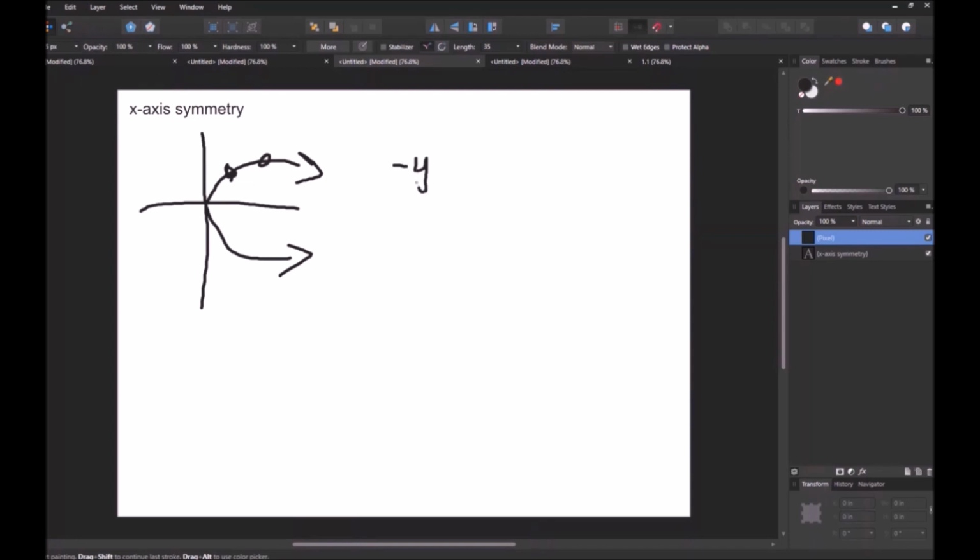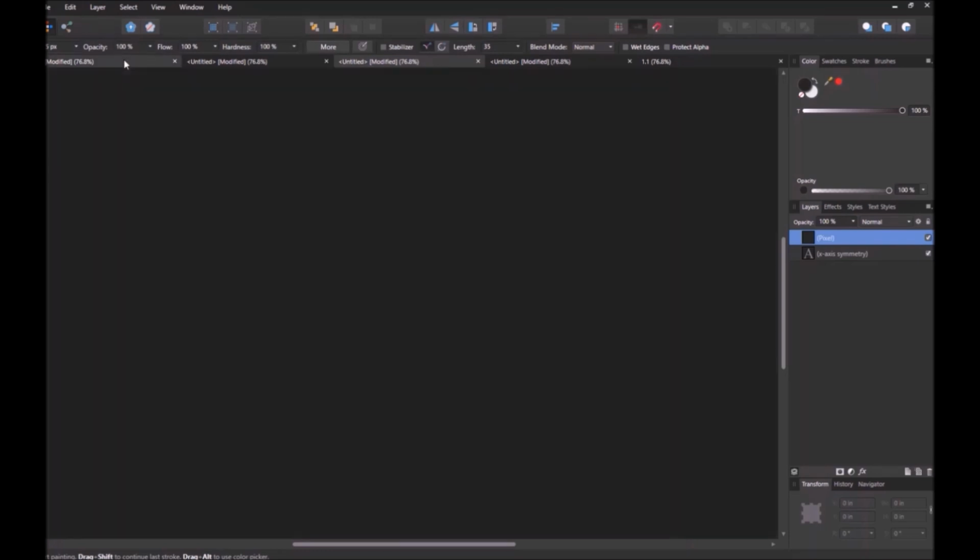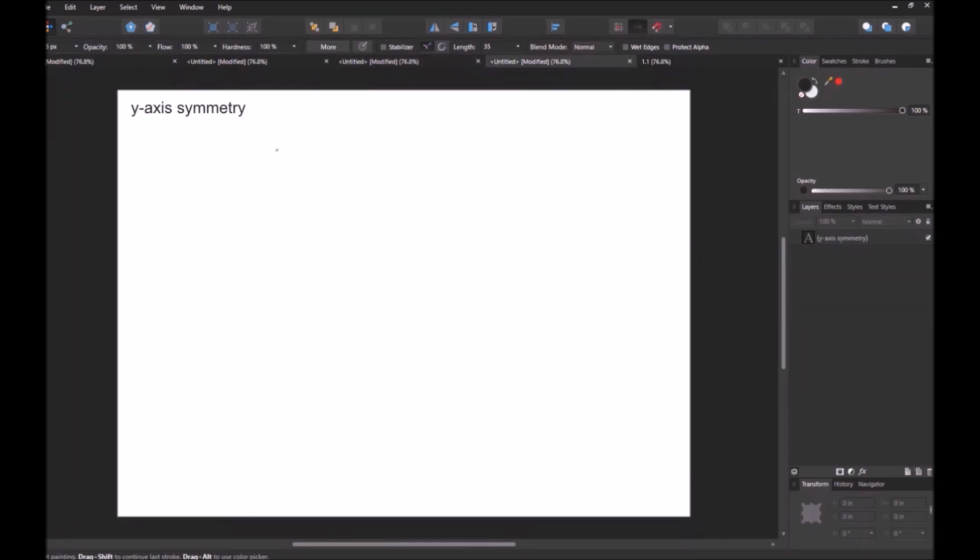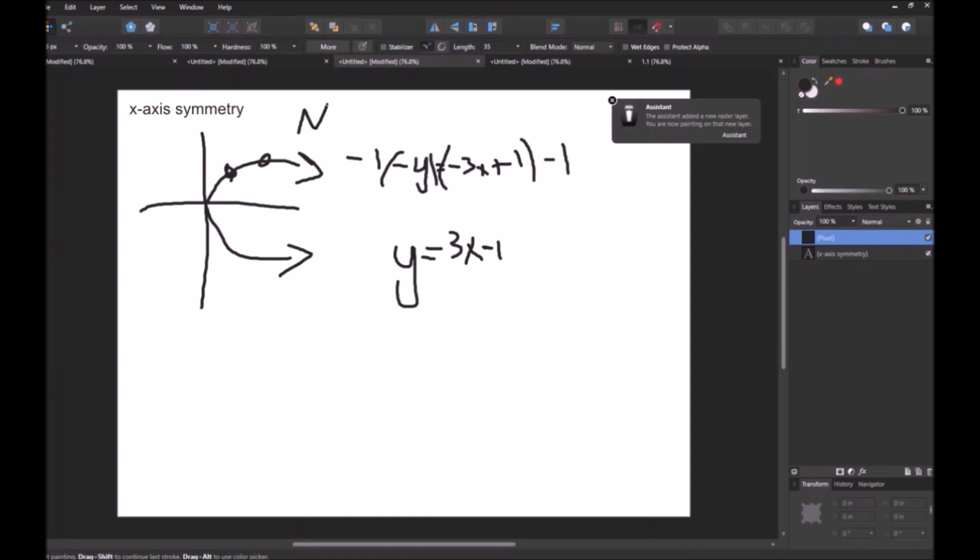So we have negative y equals negative 3x plus 1, and then we're going to multiply by negative 1 on both sides. So these two negative 1s are going to cancel out, giving us y. Then we distribute the negative 1 to both terms here, and that's going to give us y equals 3x minus 1, which we can see is not the same. So we can say that this does not have x-axis symmetry.